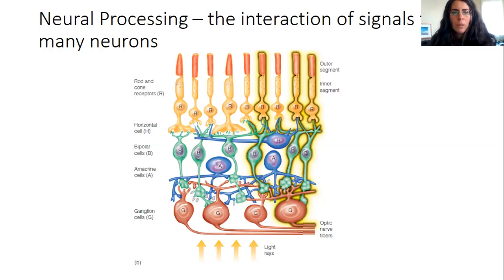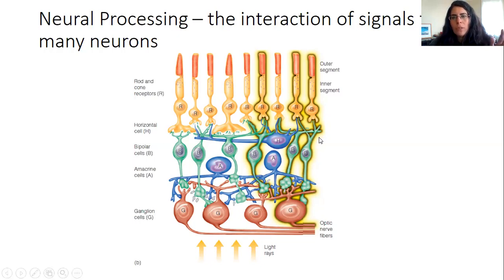Now, the sensory receptors synapse onto bipolar cells, and you can see in this figure here that mediating those connections are what's called horizontal cells.